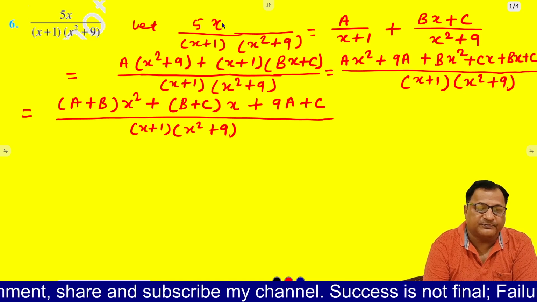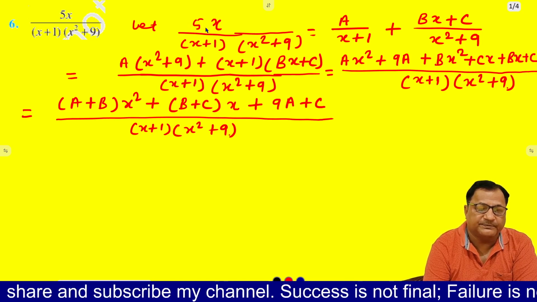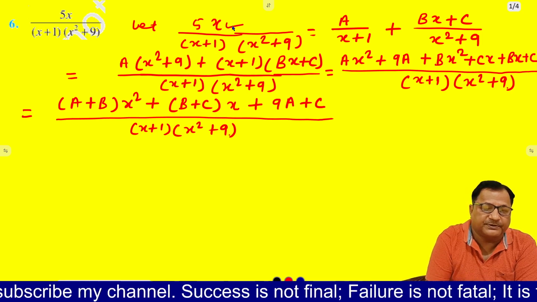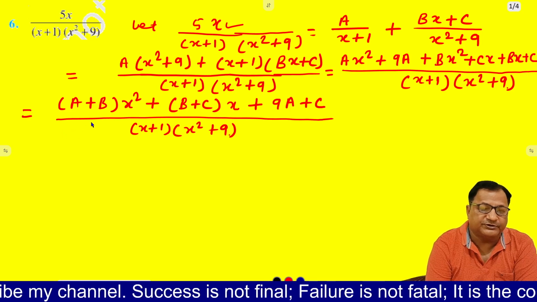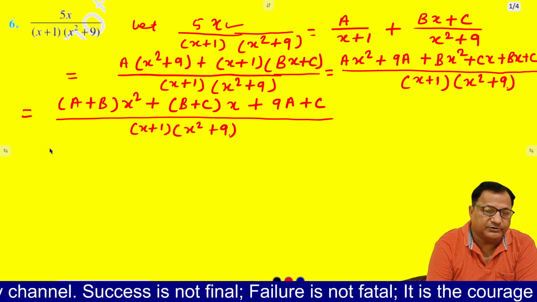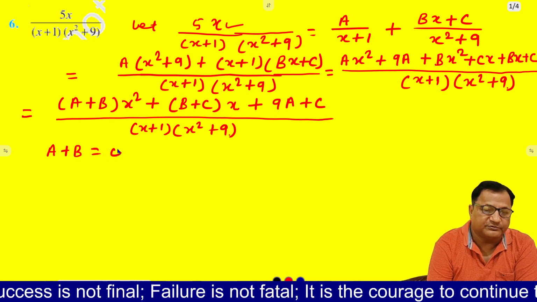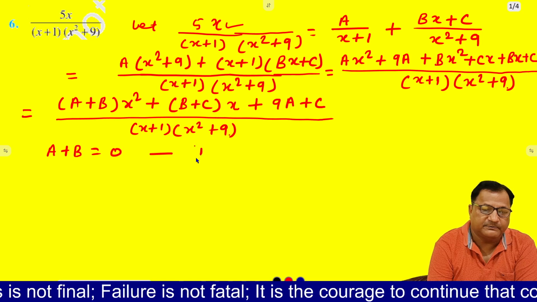Now we'll compare coefficients. There is no x square, so A plus B is equal to 0, number 1.